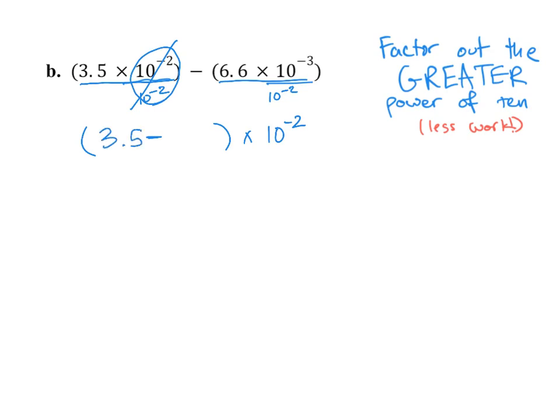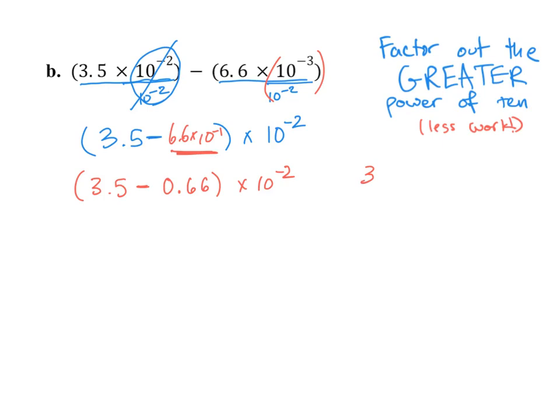And the second one, our 6.6, when we do that division, we're left with 6.6 times 10 to the negative 3 minus negative 2, which is negative 1. So we aren't left with a standard form number yet. We have to convert it so that we'll be able to do that subtraction in the parentheses. So we get 3.5 minus 0.66 times 10 to the negative second.